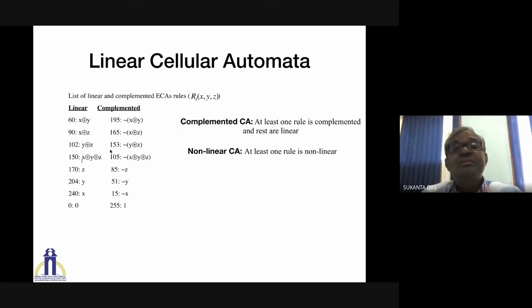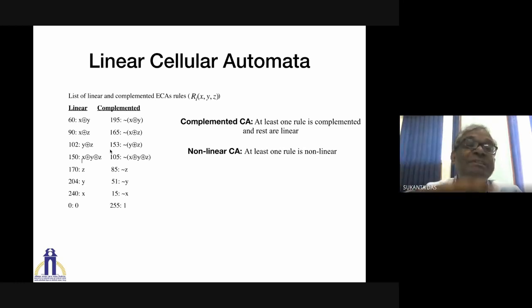And finally, the nonlinear CA, where at least one rule is nonlinear. By nonlinear I mean the rule is neither linear nor complemented.